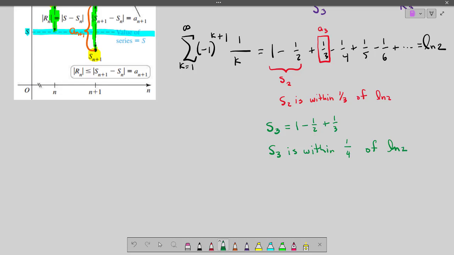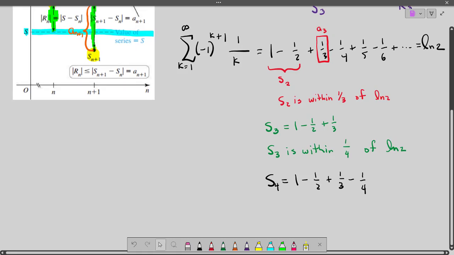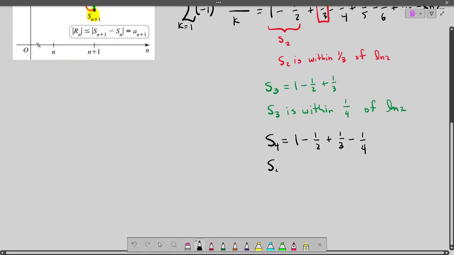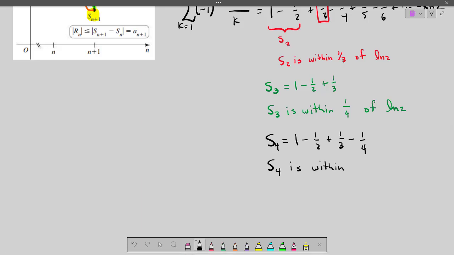And if we go one more, S sub 4, that's the sum of the first 4 terms, which would be whatever that adds up to, S sub 4 is within how much of natural log of 2? 1/5.